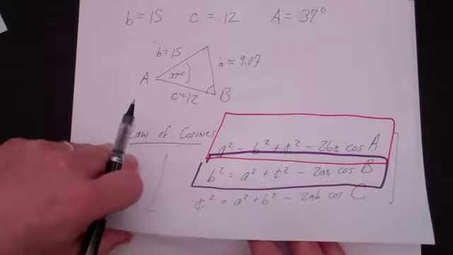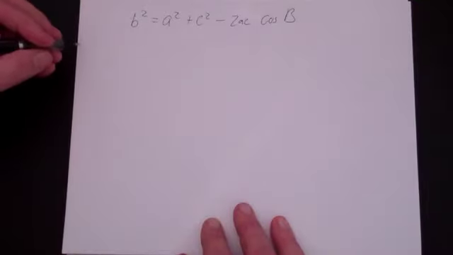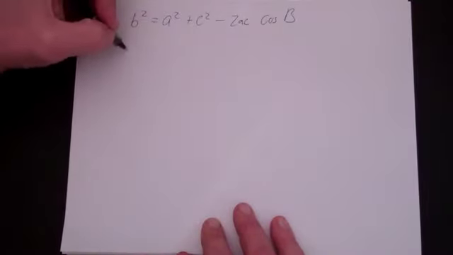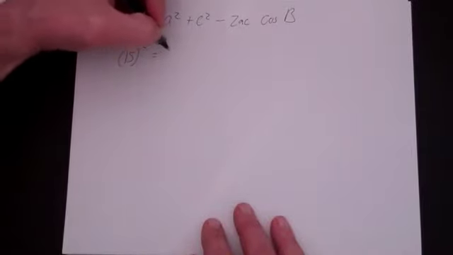So at this point, all we do is plug in the numbers. We have B squared is equal to A squared plus C squared minus 2AC cosine B. You know from the original problem that B is 15.